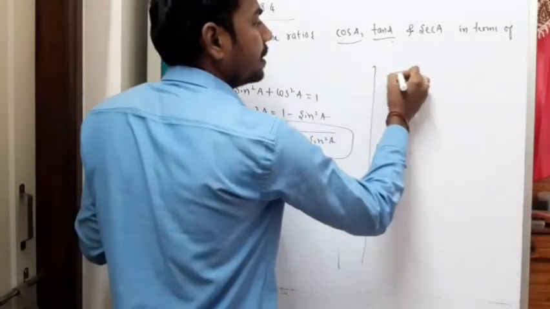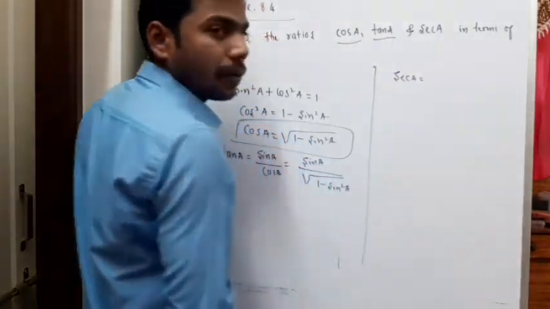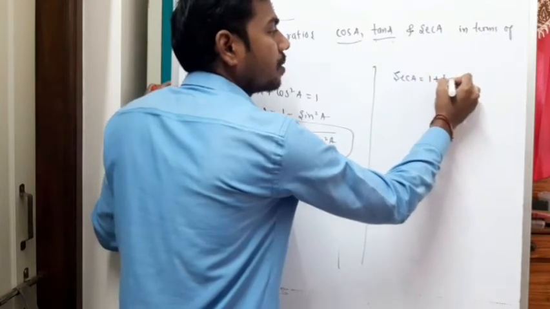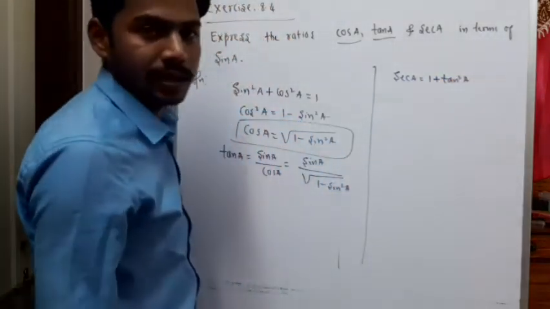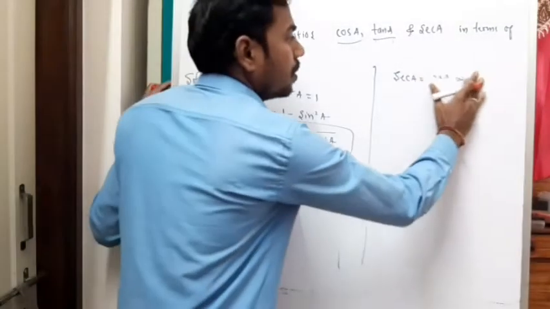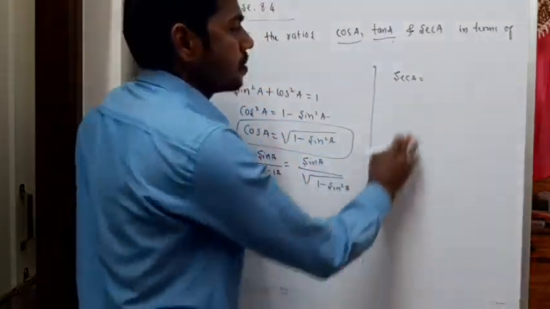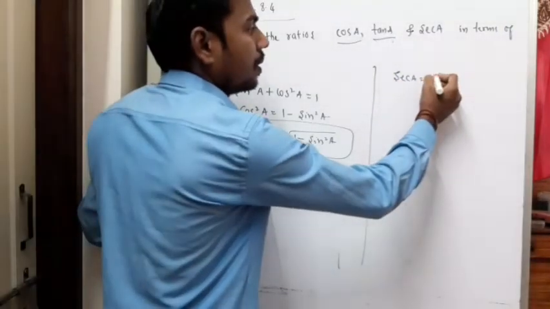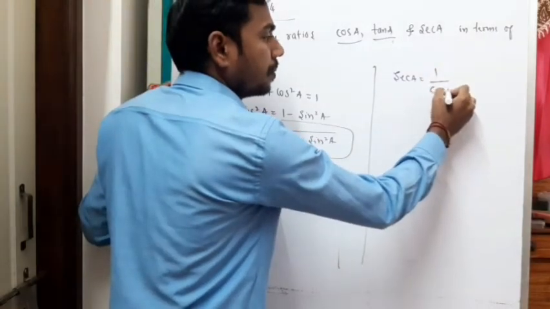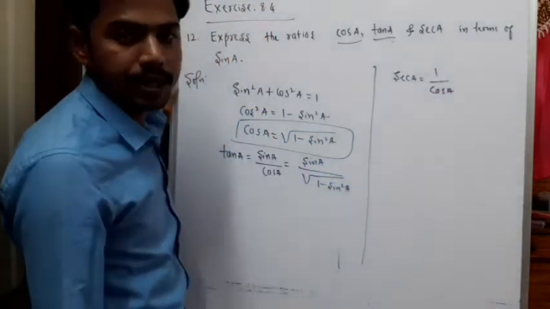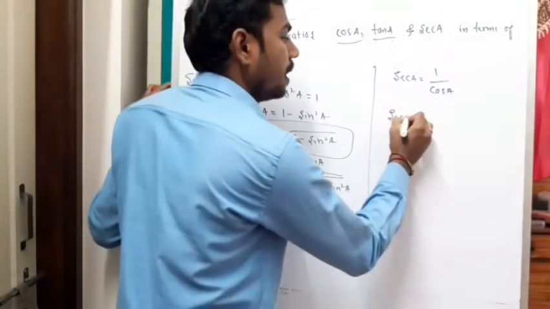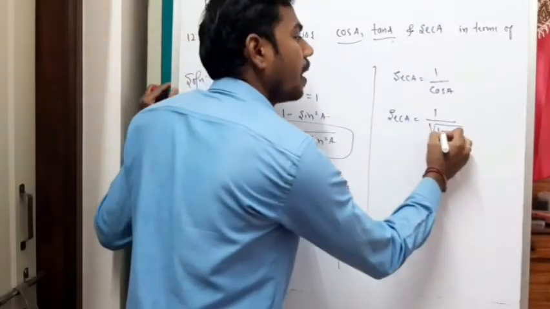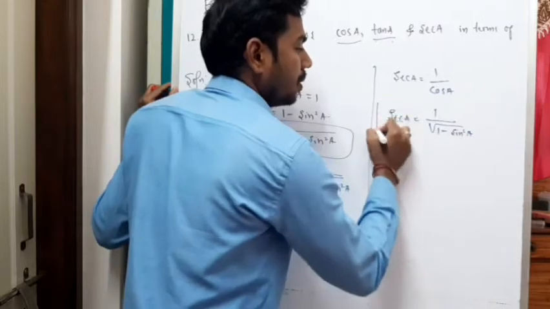Next, secant A. Secant A can be written as 1 by cos A. So secant A is equal to 1 by cos A, which can be written as 1 by root of 1 minus sin square A. So everything will be there.